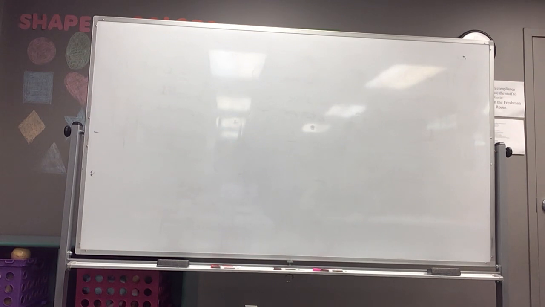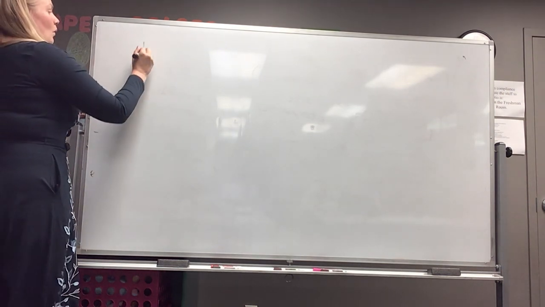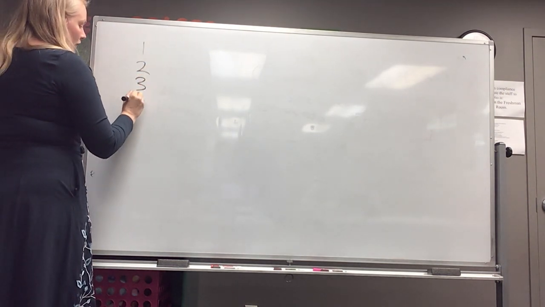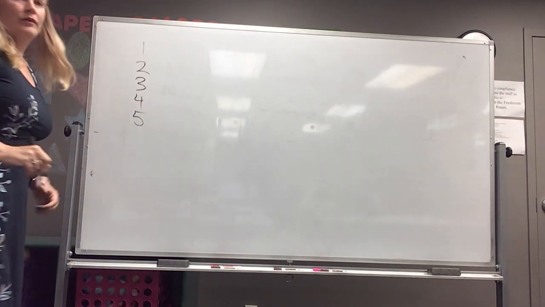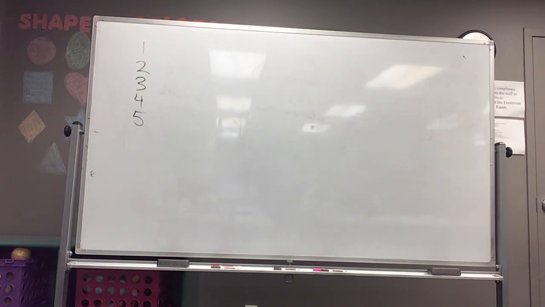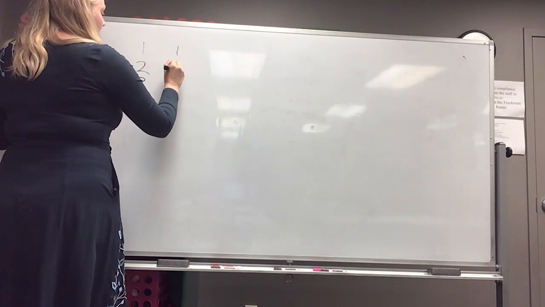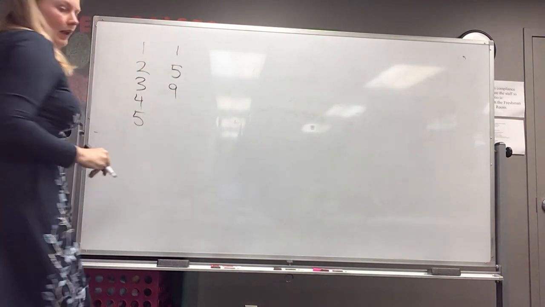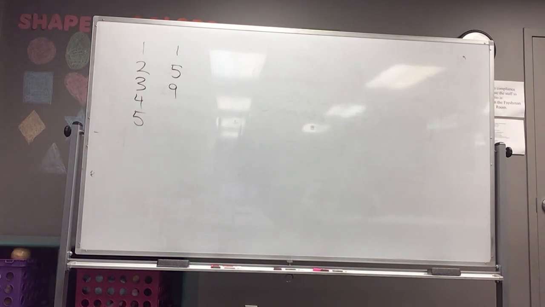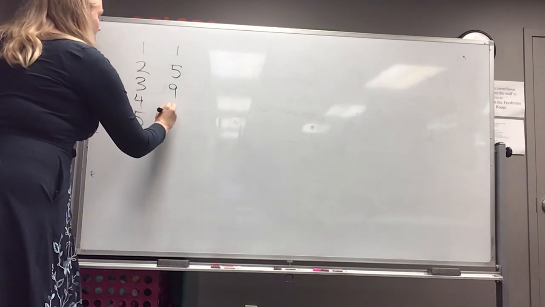I'm going to read it, not going to write everything. It says, the table below shows the first 5 terms of an arithmetic sequence. Which of the following is a general expression for the nth term? So we have position 1, 2, 3, 4, and 5, and we have the nth term of 1, 5, 9, 13, 17.